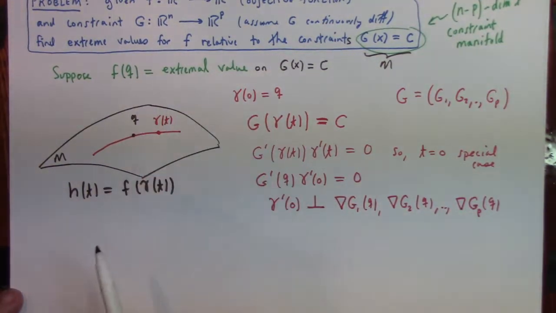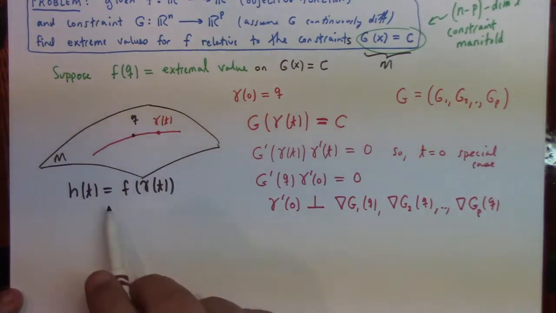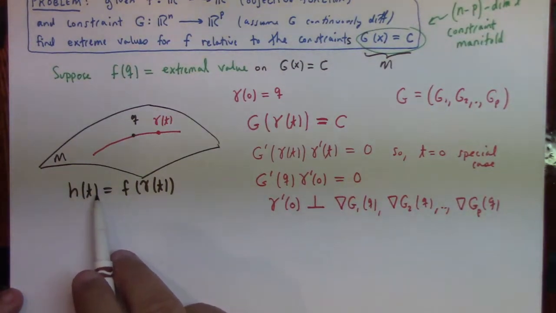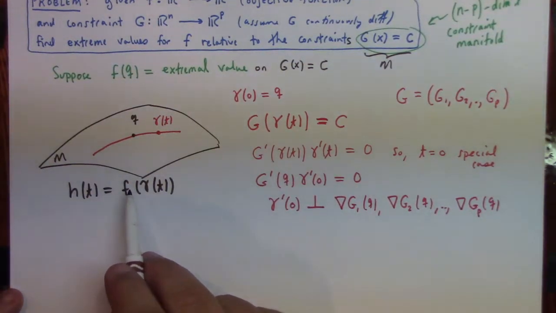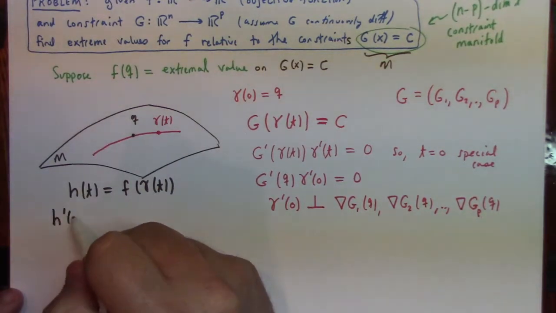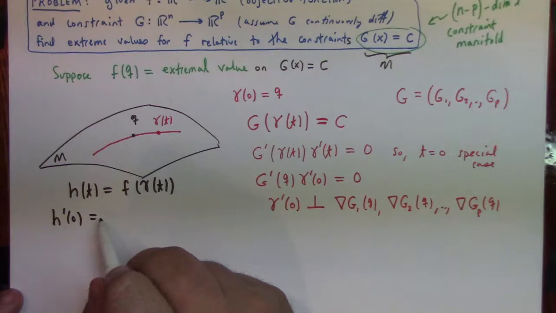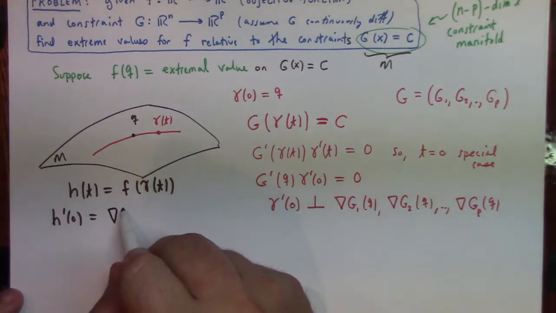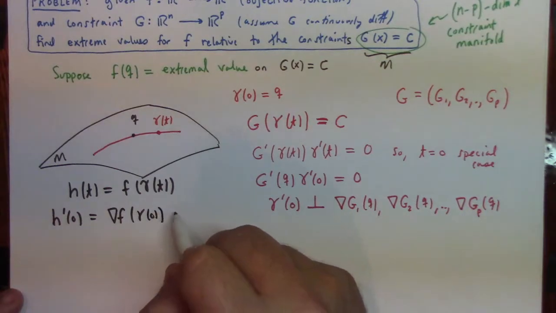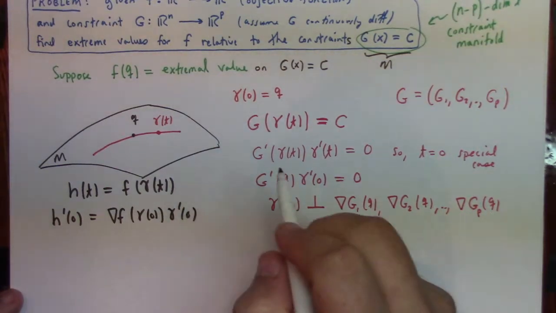That's an extreme value. So this h, a function from the reals to the reals, should have an extreme value at t equal to 0. So h prime of 0, which would be the gradient of f at gamma of 0 times gamma prime of 0, is equal to 0.